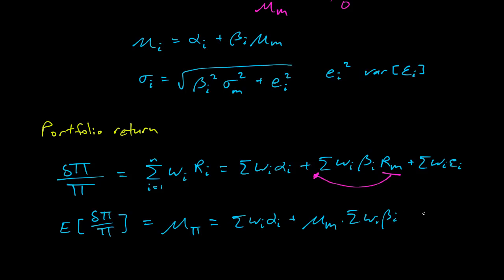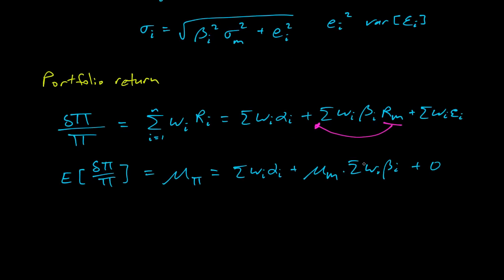And then here, the expected value of the epsilons goes to 0. All right, and now we can say let alpha pi equal this weighted sum, the Wi alpha i's, and beta pi is the sum of the Wi beta i's.